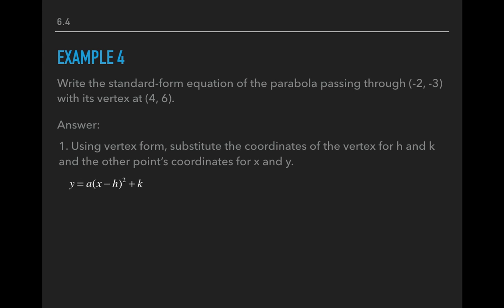And we'd substitute in our values of h and k as well as our x and y. And that will leave only that little a. Be very careful that you change that 4 in your vertex, the x, to the opposite, right? Okay, so now that we have our equation, we're going to solve for a.